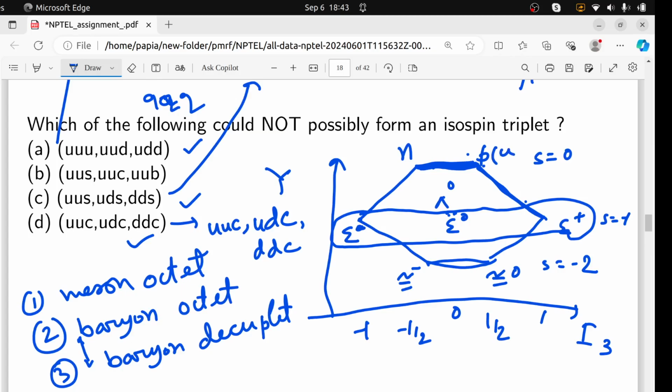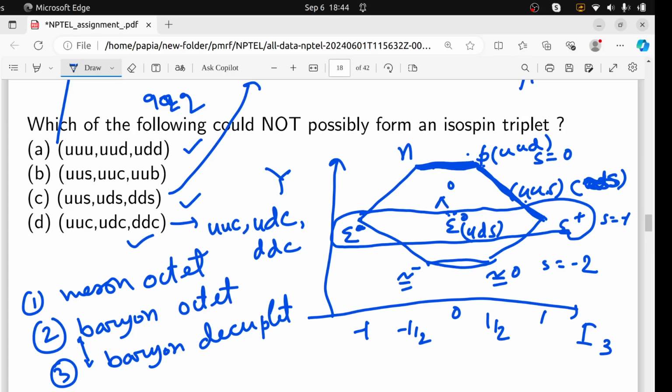So it was U U D. For sigma plus it will be U D S. We also have to check the charge. So U was there, but D is replaced by S, because in this case S was 0, but here S is minus 1. So obviously one S should be introduced here for sigma plus. But it is not an isospin doublet or triplet, because P and sigma plus are two different family members.